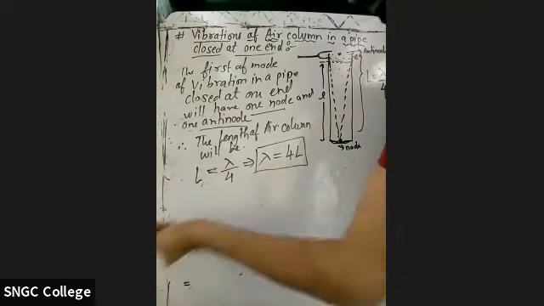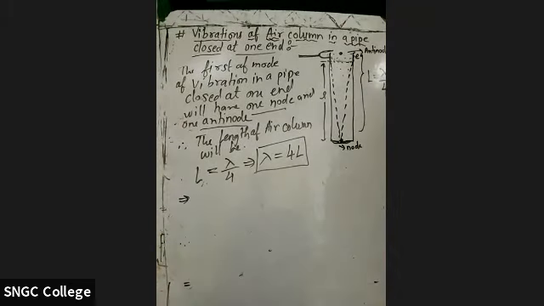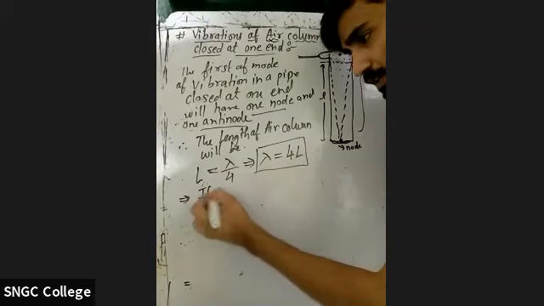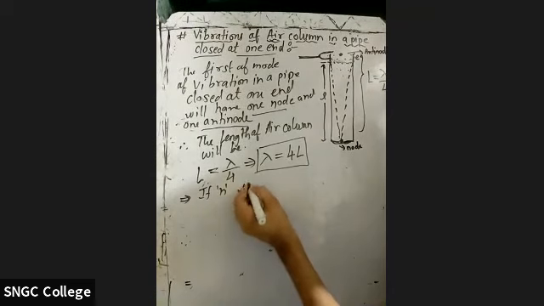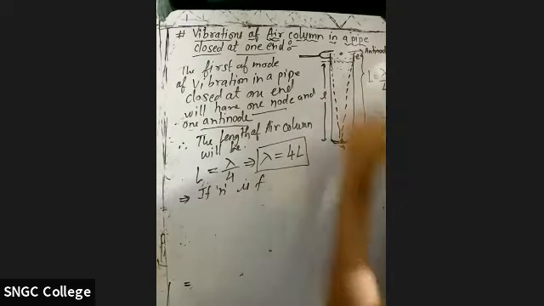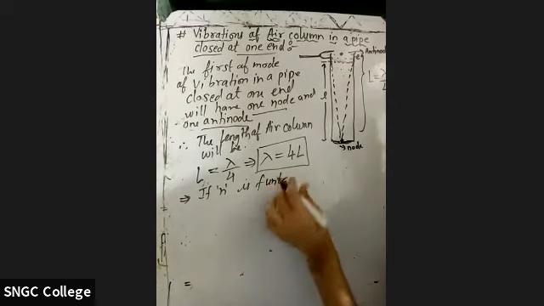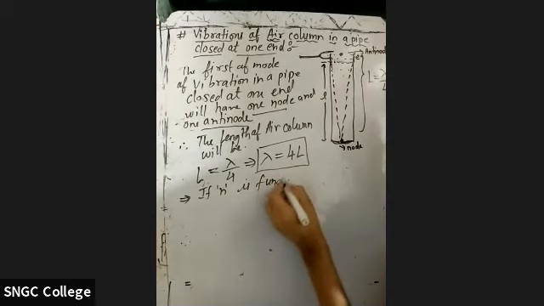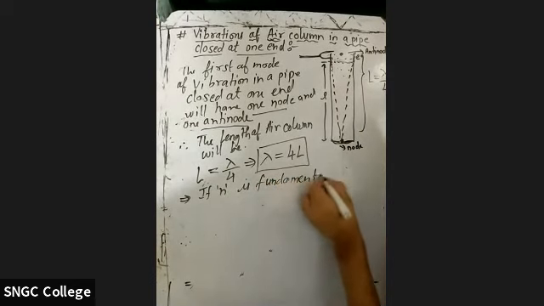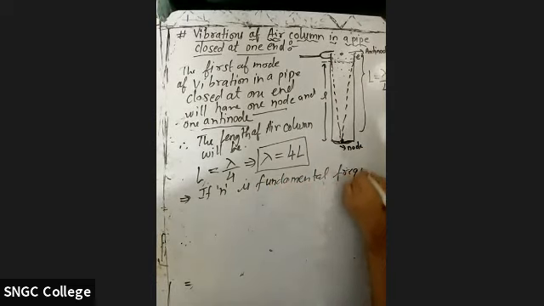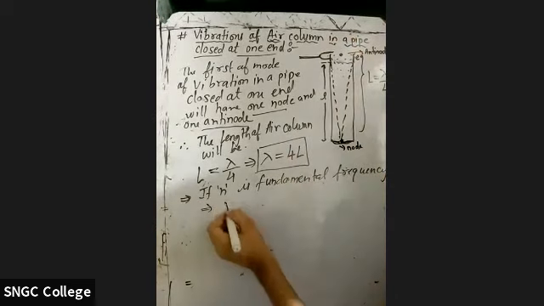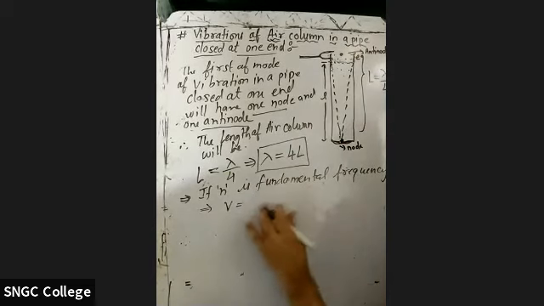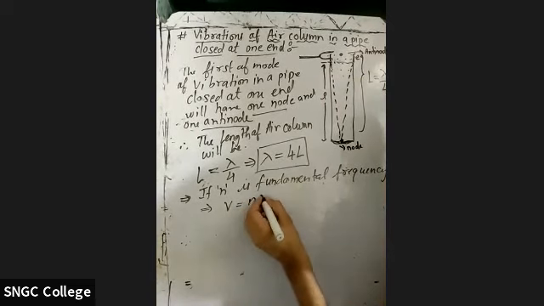Now, if small n is the natural or fundamental frequency of this air column, then the velocity of this wave is always given by, ठीक है, वेलोसिटी का जो फॉर्मूला होता है वेव का, that is given by frequency multiplied by wavelength.